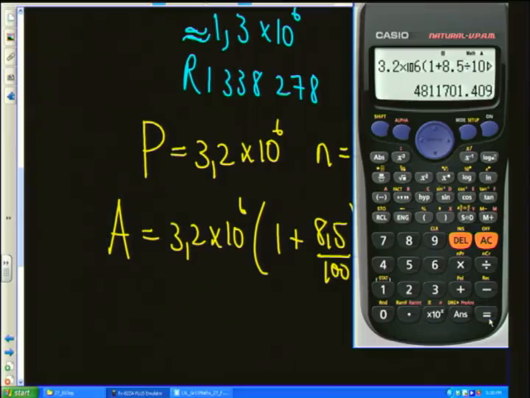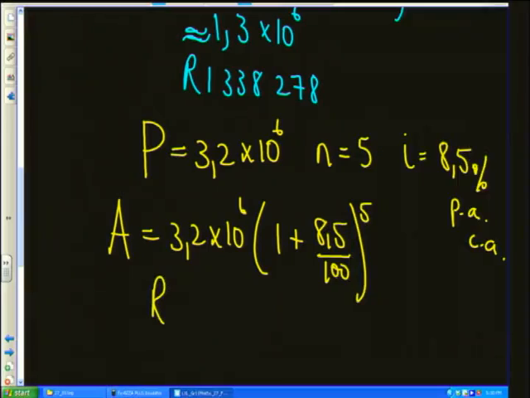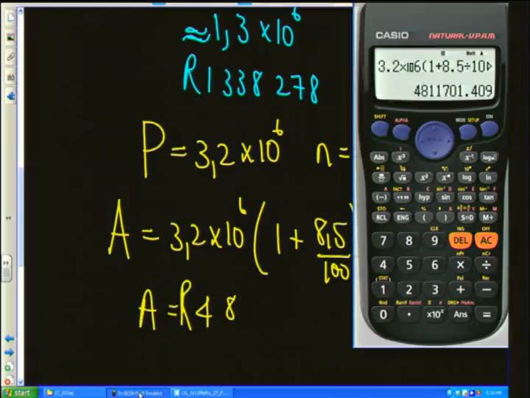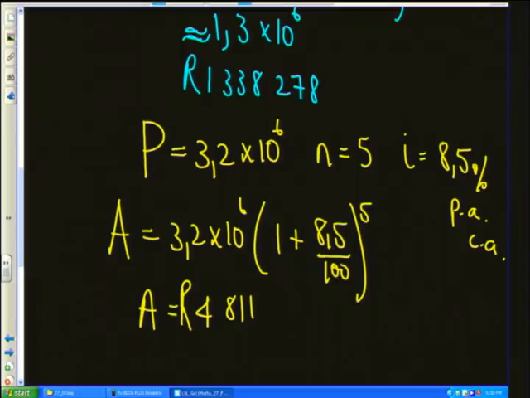That is 4.8 million, so it's almost 5 million rand in 5 years' time that they will cost. So A will be equal to 4,811,701. That's how much the fleet of cars will be.